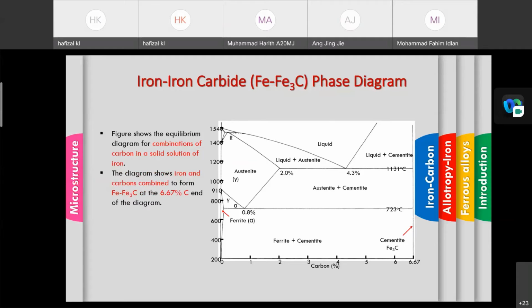So as you can see, compared to other phase diagrams, in this phase diagram carbon is only added up to the amount of 6.67%.